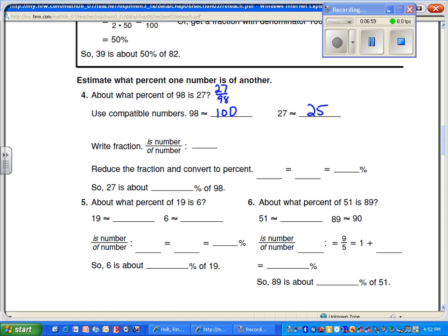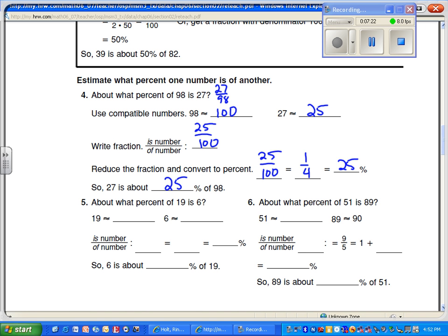We've got 25 over 100. Reduce the fraction and convert to a percent. So 25 hundredths will reduce to 1/4, and I know that's 25%. So 27 is about 25% of 98.